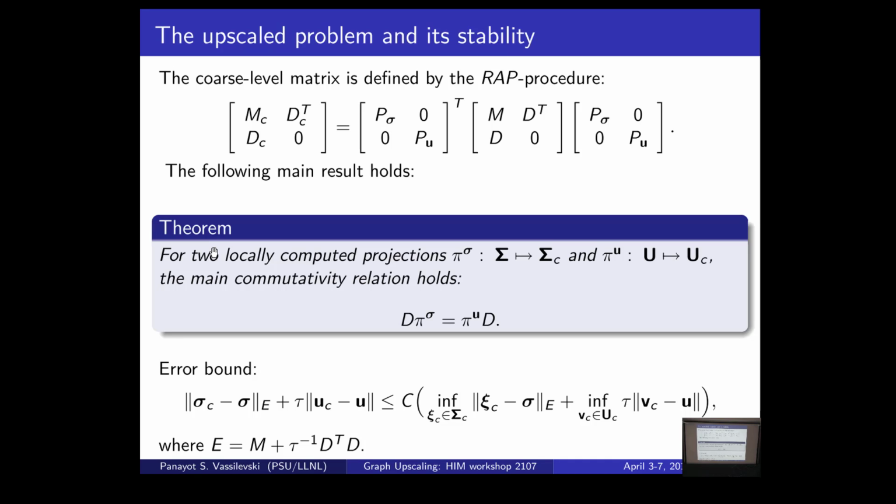So there are all these contradictory things that we have to be aware of. One can control the sparsity of the coarse problem by using bigger aggregates, actually. That's one remedy, but that is not a rigorous argument, okay? So this is what happens in practice.